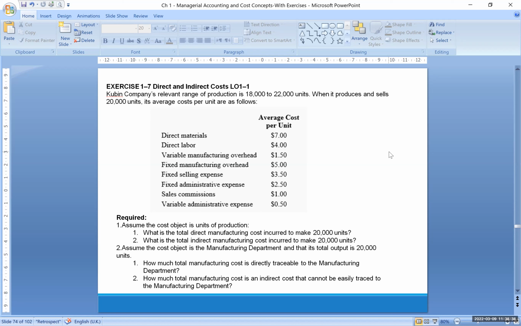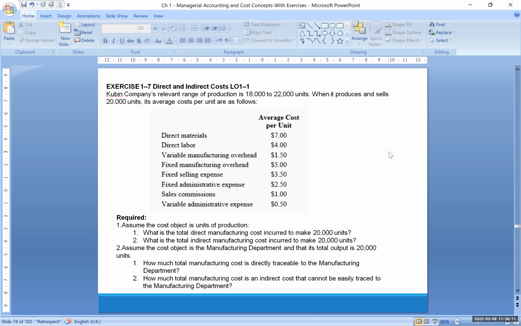For this question, we can say the total multiplied by 20,000 and it will be the same answer. But to be more clear, I have to separate my answer into variable, which depends on how many units I sell. The fixed is already there. If I sell 1 unit or 20,000 units, it will be there. So we have 120,000 as the total fixed selling and administrative, and the variable cost depends on how many units.